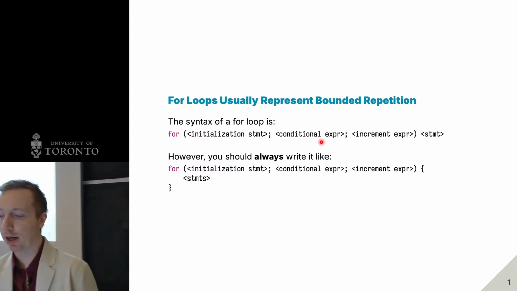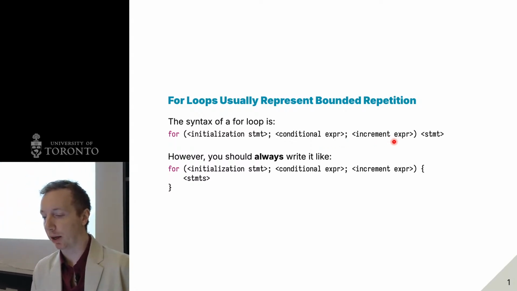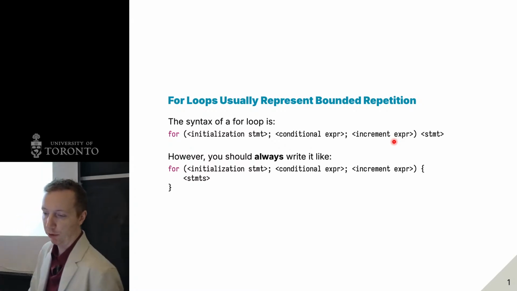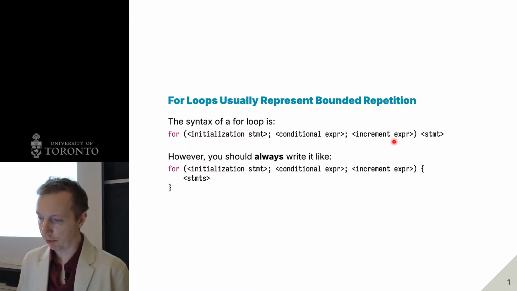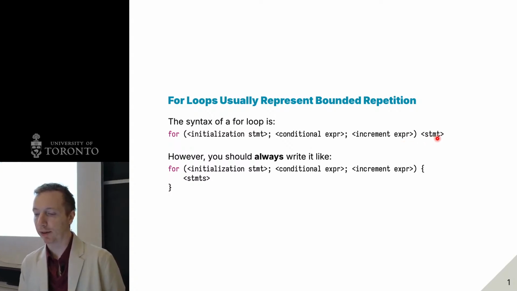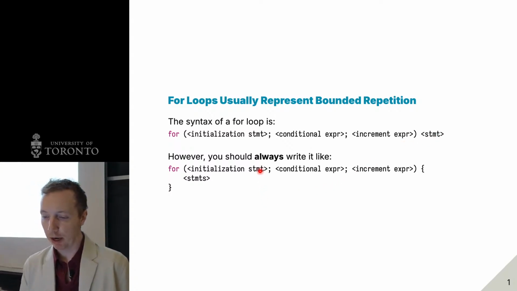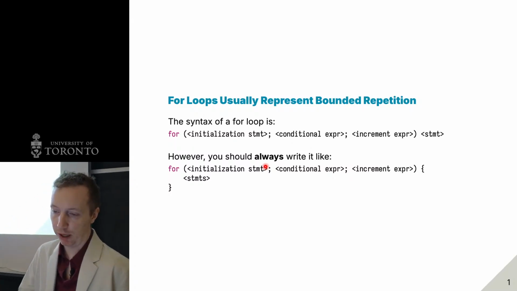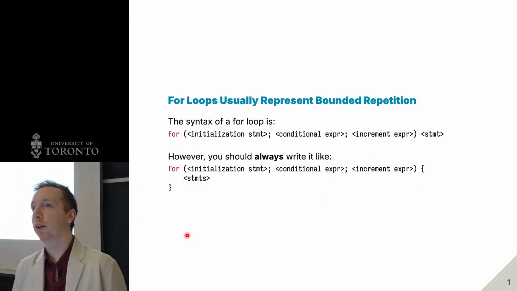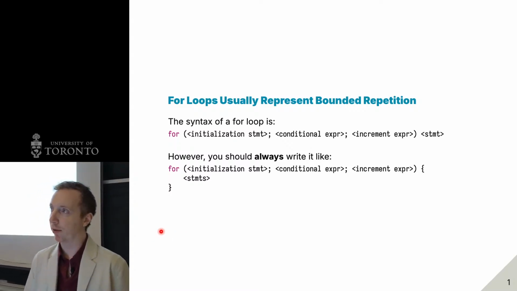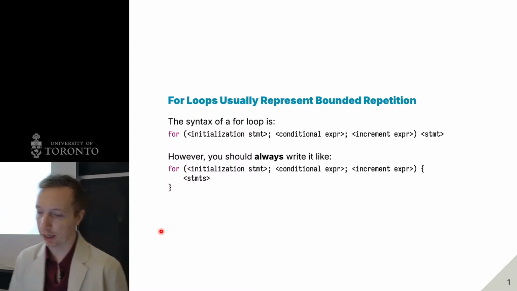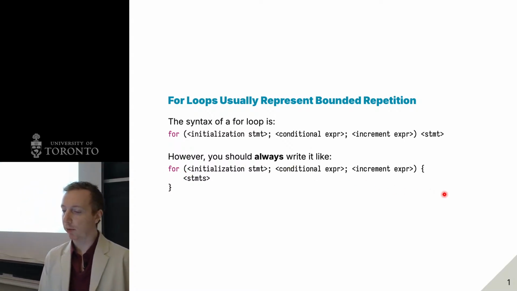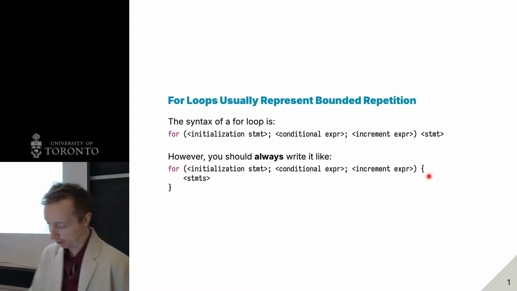And then we have the increment expression here, which runs at the end of the body of the loop every single time. And we'll see how that works. And then it's followed by a statement. But as a word of warning, you should always turn that statement at the end into a set of curly brackets that you can write multiple statements in. Otherwise, it will only execute a single line in the body of the loop, which is probably not what you want. So you should always write it like this with curly brackets.